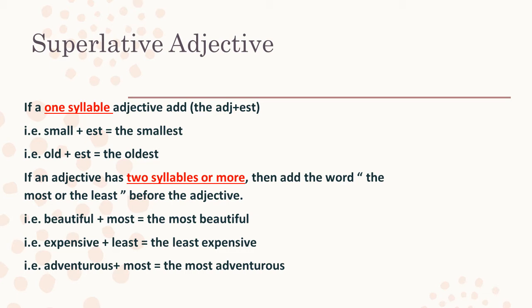For example, when I say beautiful, it's going to be the most beautiful. Why did we do that? Because beautiful has two syllables. Expensive, the least expensive. So before the adjectives that have two syllables or more, we add the most or the least.